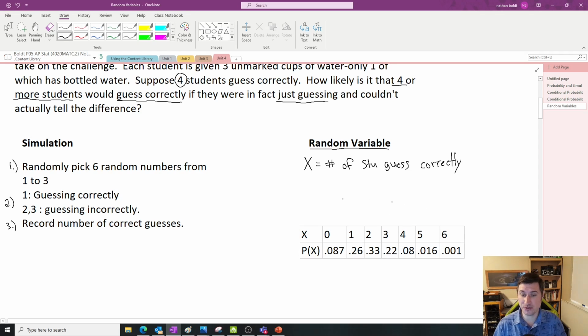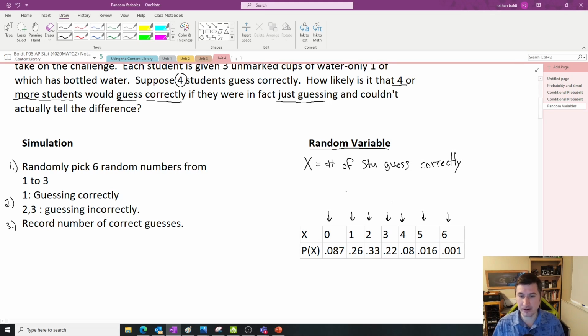So this is a discrete variable because this variable x can either be a 0, 1, 2, 3, 4, 5, or a 6. It can only take on those values. No 1.5s. All right, we're not cutting people in half here or anything, okay? It's frowned upon.